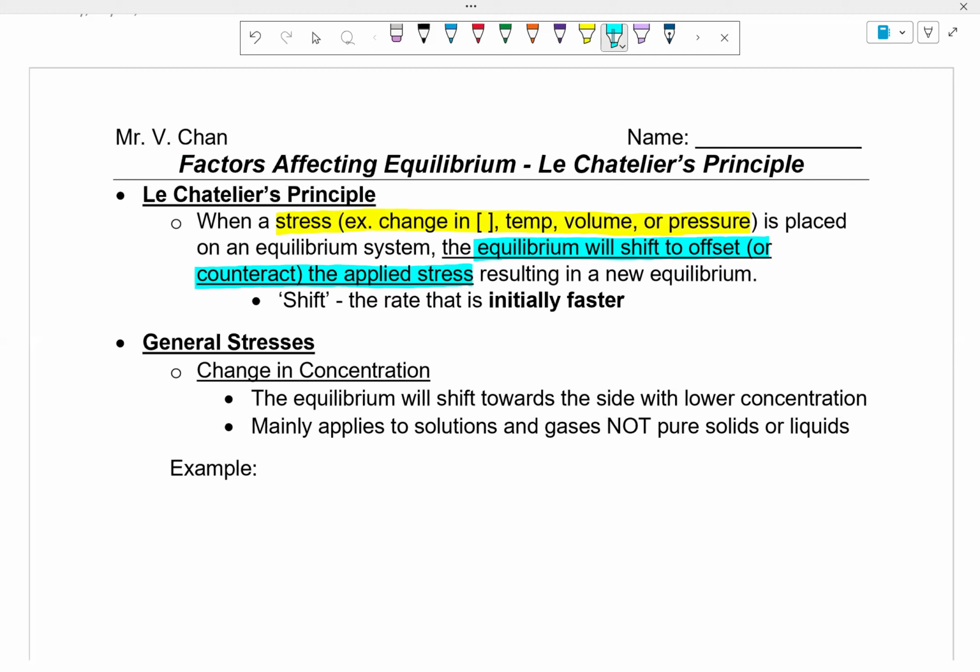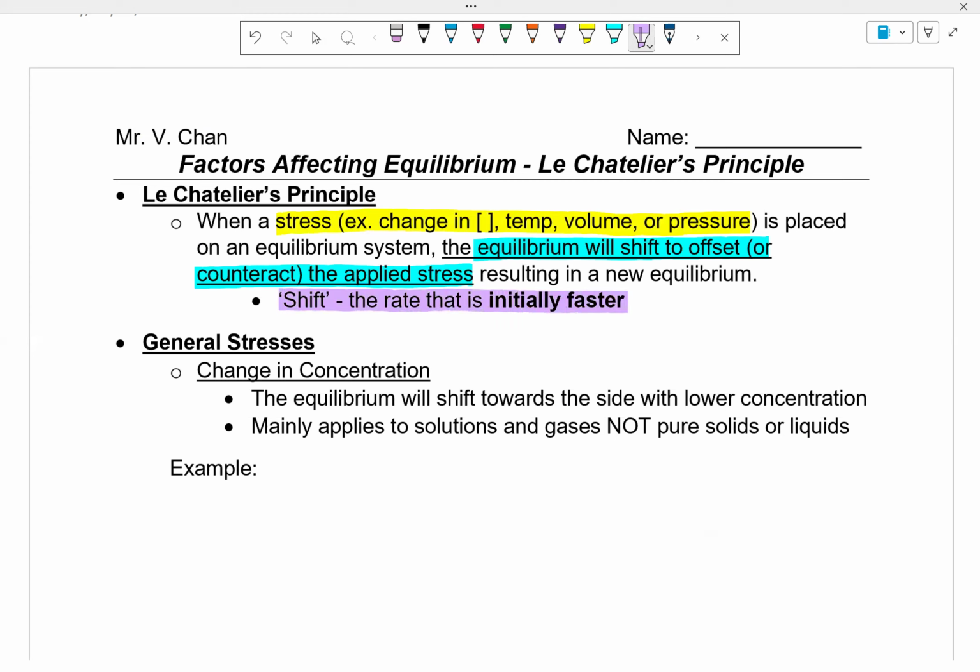Now, in chemistry, when we use the term stress, we're talking about any change in the conditions. And when we talk about a shift, a shift is the rate that is initially faster.